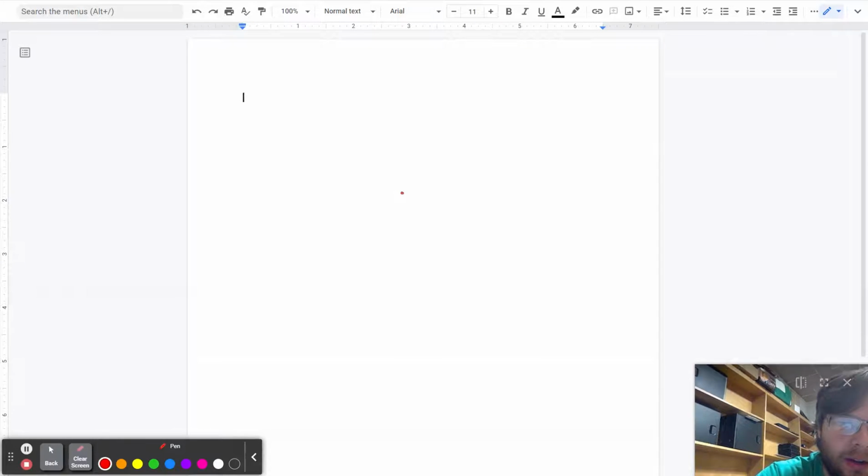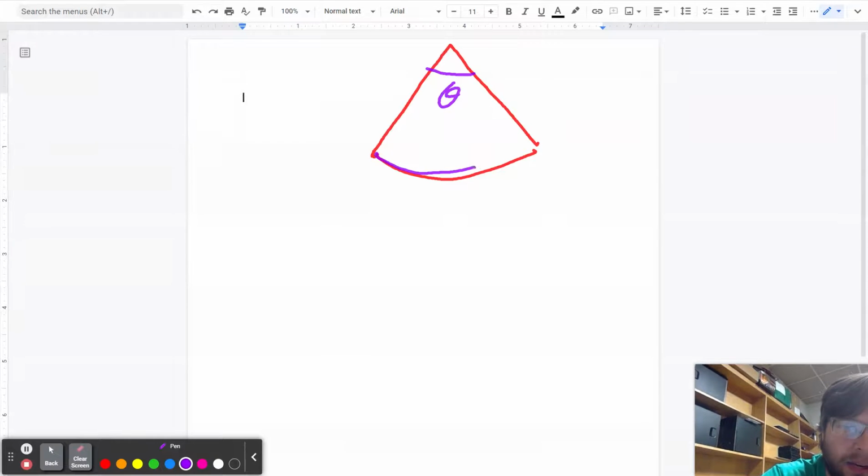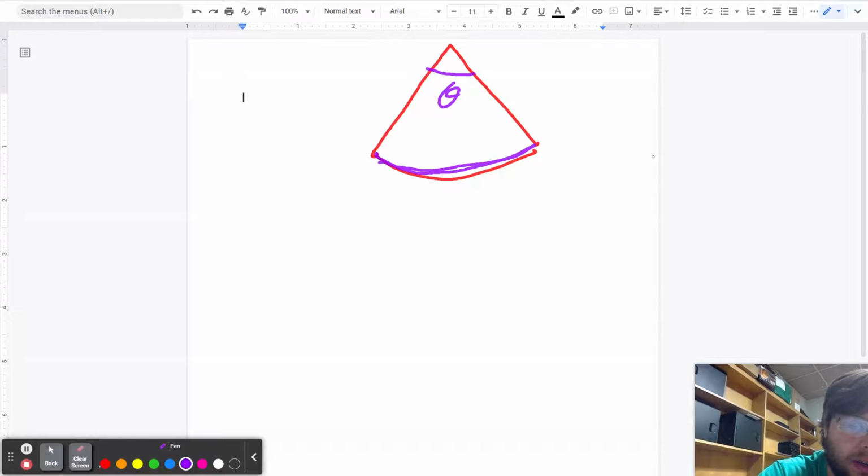So we have our big circle. We have our sector like this with theta. We're trying to find the purple sector.